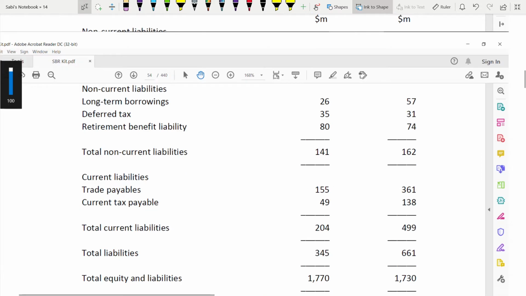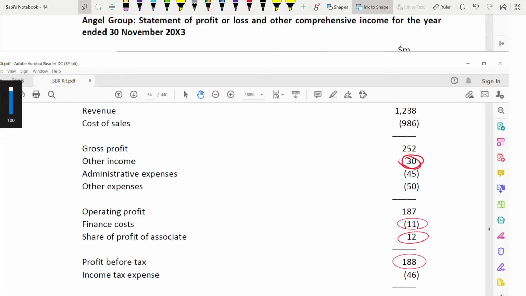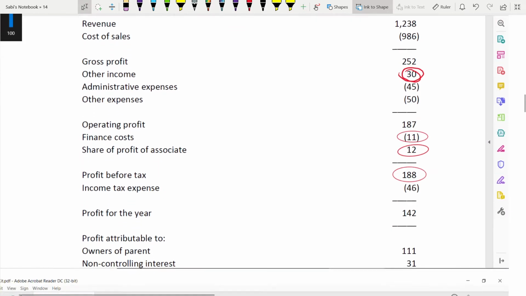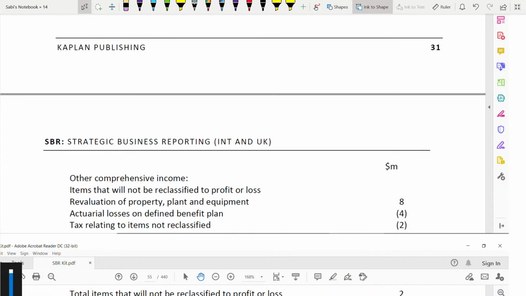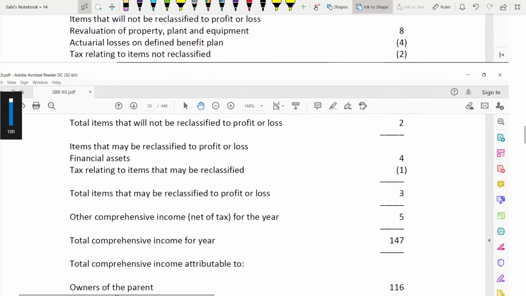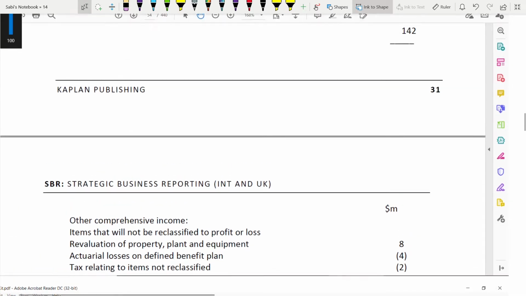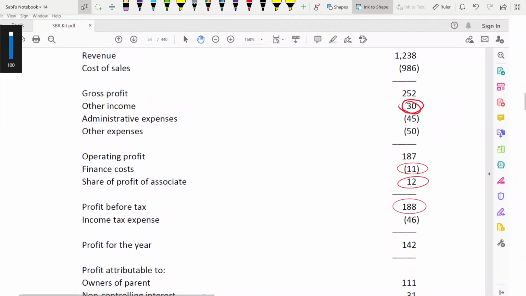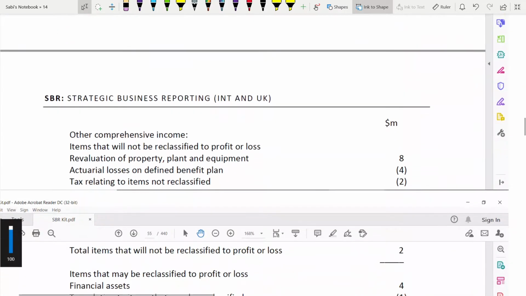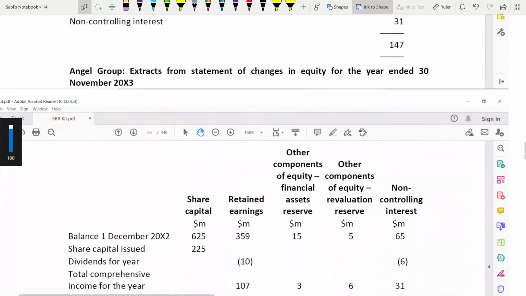Okay, so how much is this other income? It is 30. Let us read that part again.